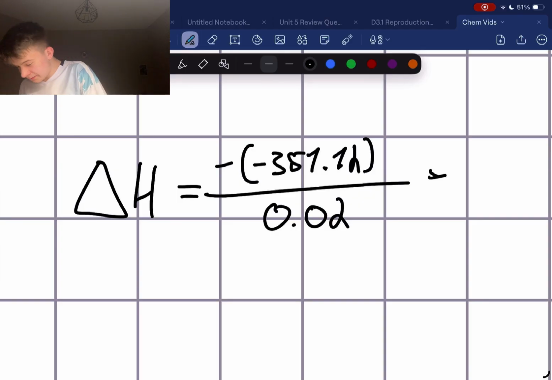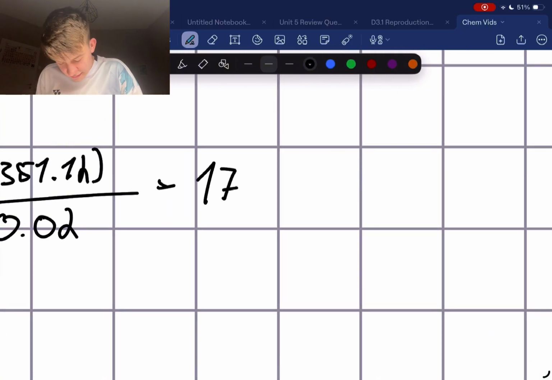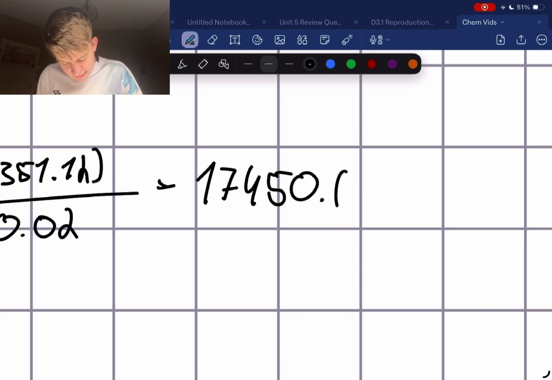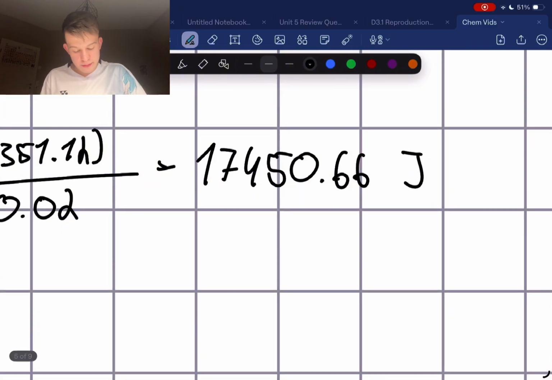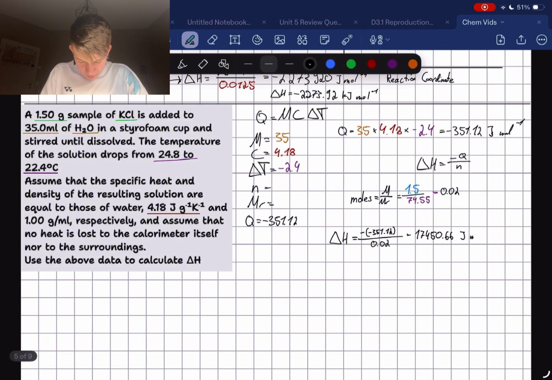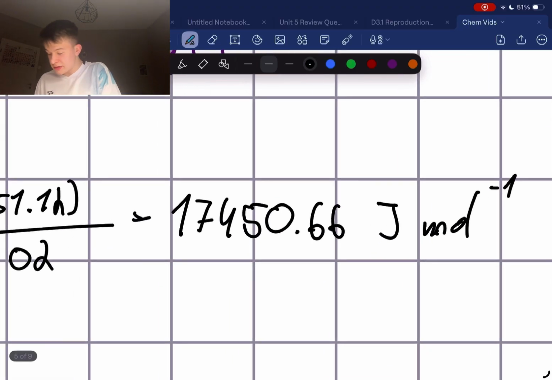And that would give us 17,450.66 joules, important joules. And to convert it into kilojoules, we divide by 1,000.